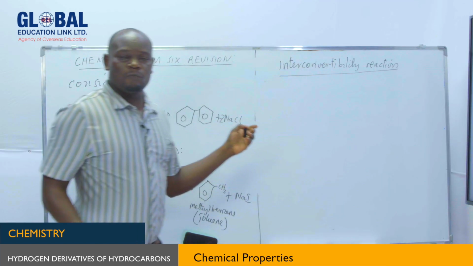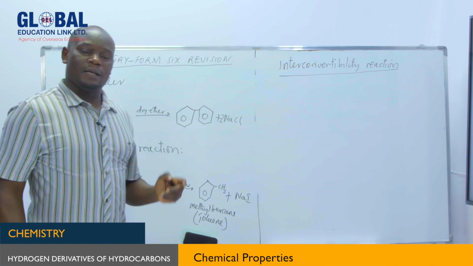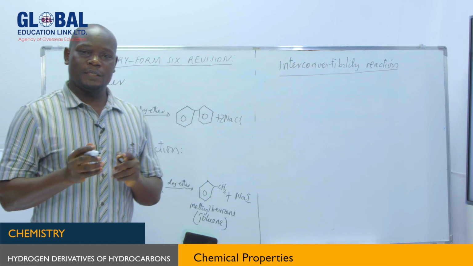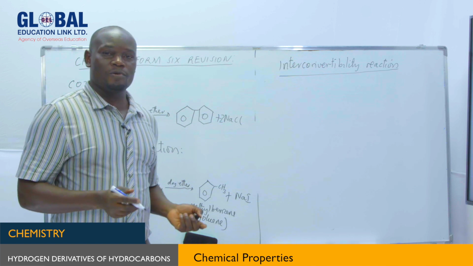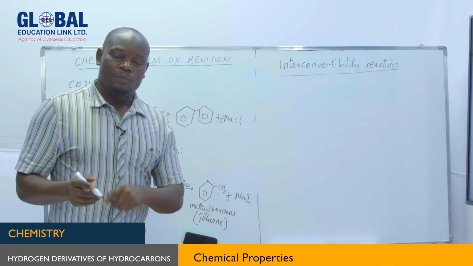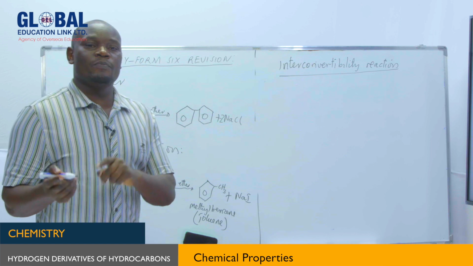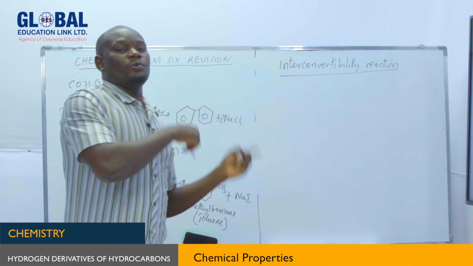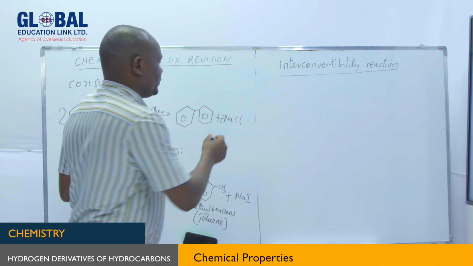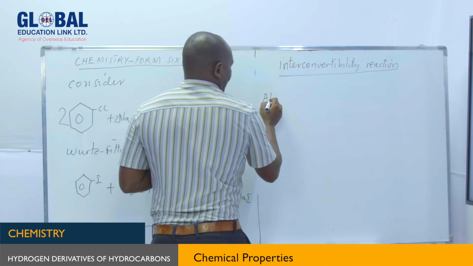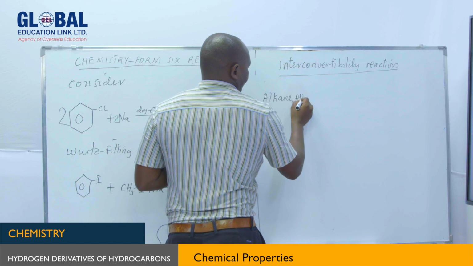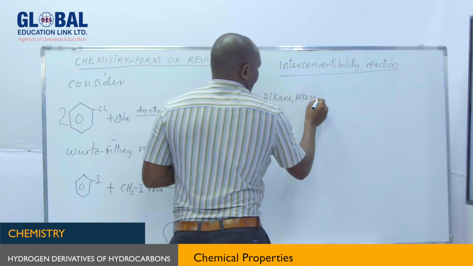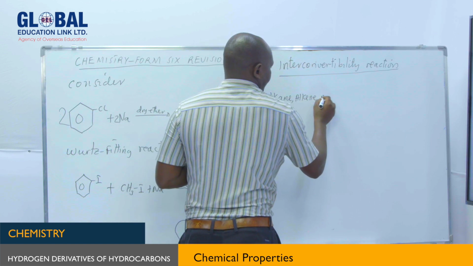The interconvertibility reaction refers to conversion of alkane, alkenes and alkynes into haloalkane. But also haloalkane can be converted into those reactants, which means that this involves alkane, alkene and alkyne.